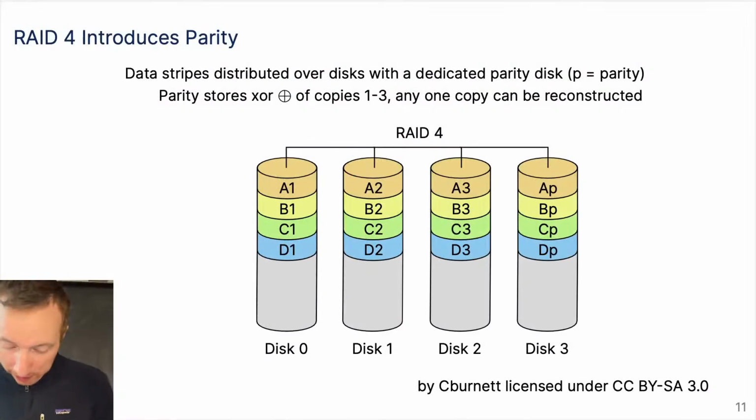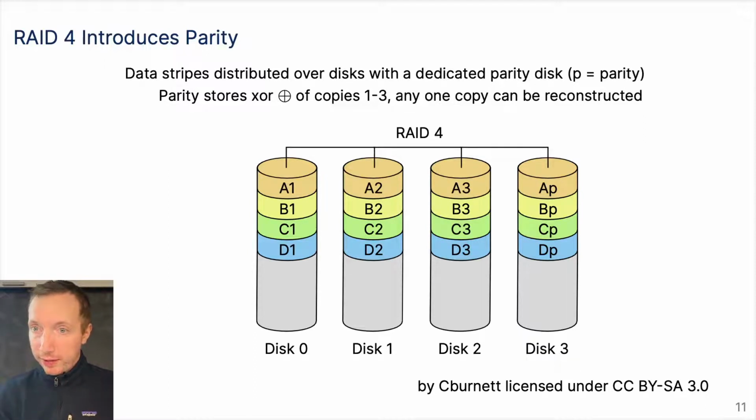So that is, at the basics, how the parity calculation works for one level of parity. Of course, if 2 disks fail, it's all over, but we can reconstruct the information if a single disk fails.